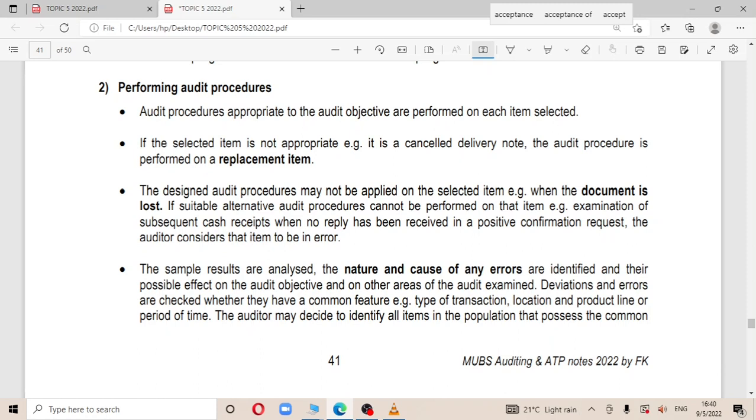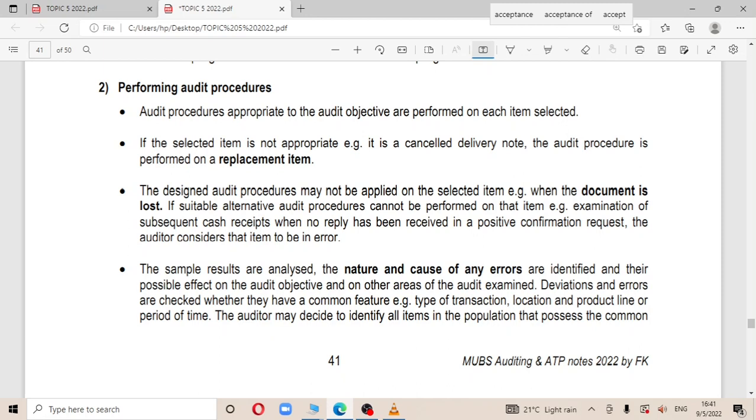When you've selected a sample, you apply audit procedures to each sample item selected, but if the selected item is not appropriate, then the audit procedure is performed on a replacement item. Yeah, you might select, for example, a delivery note, but you find it was cancelled. It never delivered any goods. So you go to another one, the one that replaced the cancelled one.